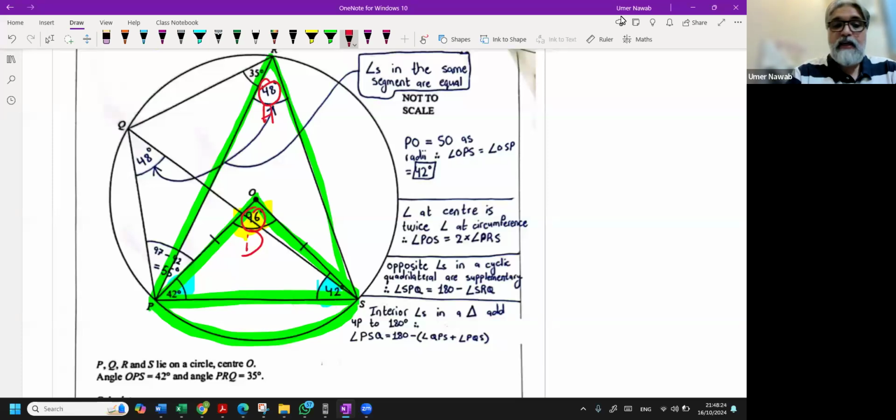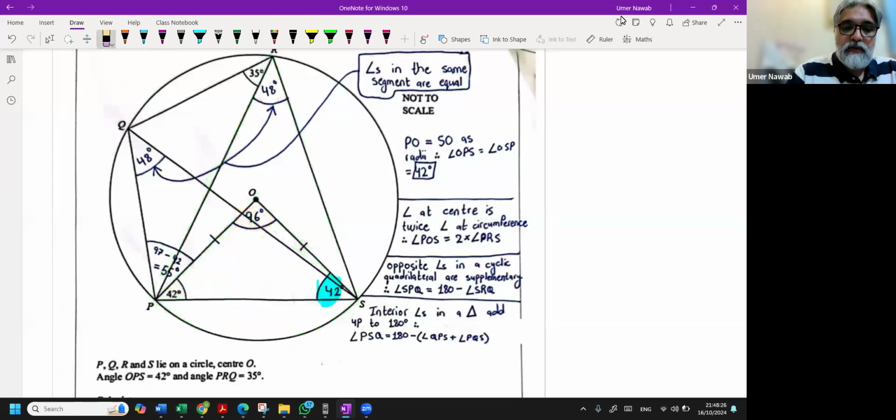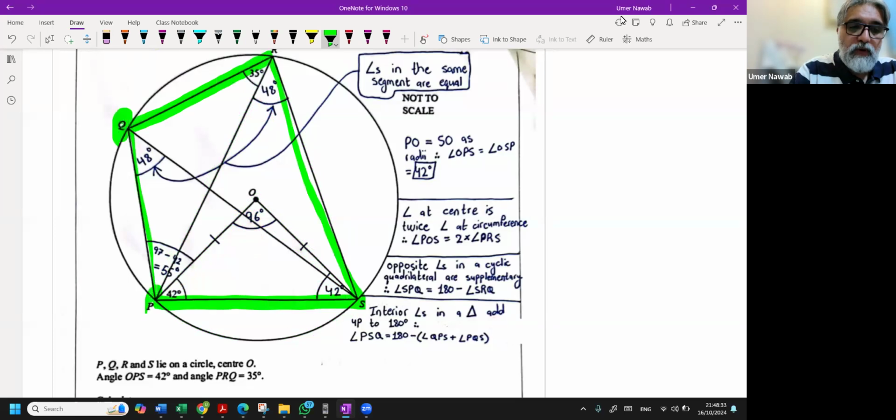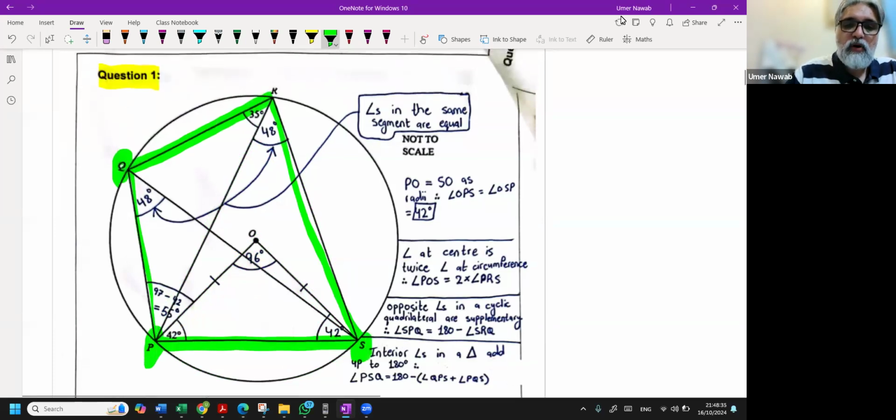Then after that, he asked you to use the property of cyclic quadrilateral because all four corners were on the circumference. So I added 35 and 48 and subtracted from 180 to get this full angle, which was 97.